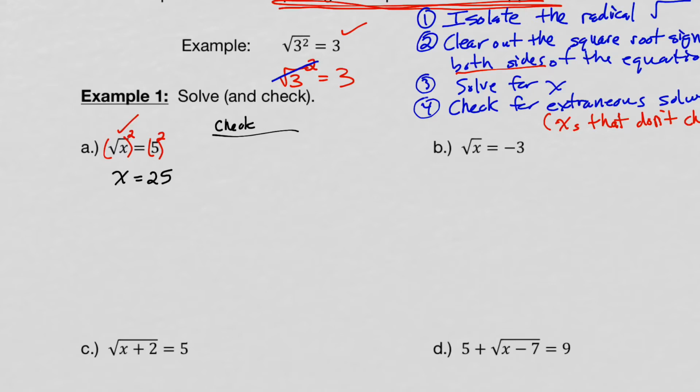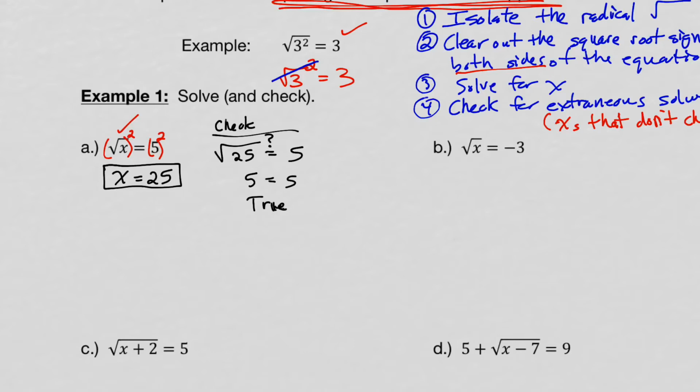If you plug in that x, do we get 5? Well, the square root of 25 is 5. So yes, this is true. Once we know that it's true, then we can box it and say this is our solution. But if you don't check it, you cannot box it as your final answer.